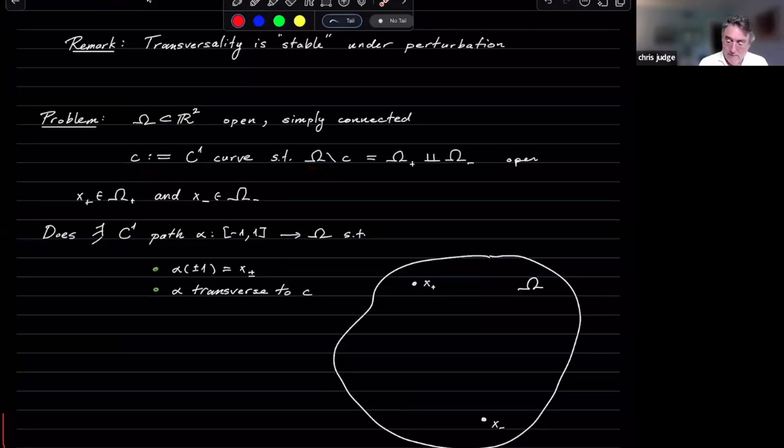If I take away the curve, it divides it into two components. And then I have two points, one point which is in one of the components, and another point that's in the other component. And then the question is, is there a C1 path alpha from x plus to x minus so that alpha is transverse to that curve C?